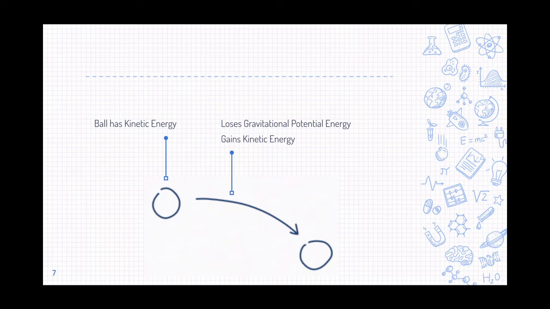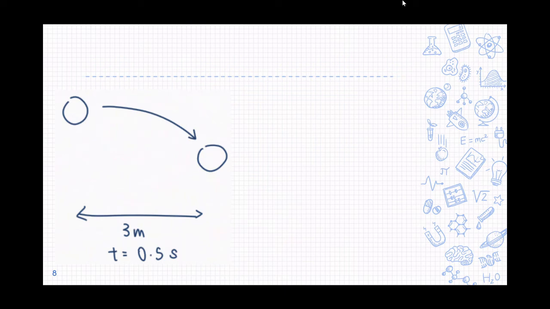Let's now try to calculate the ball's speed. Given that the ball travels 3 meters in 0.5 seconds, can we find the initial velocity and the vertical distance of the ball? When solving for questions in both the horizontal and vertical directions, it's best to separate the horizontal and vertical components from each other and solve them separately. Let's look at the horizontal direction first.